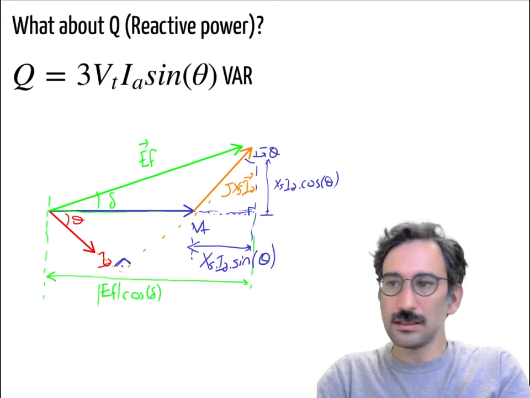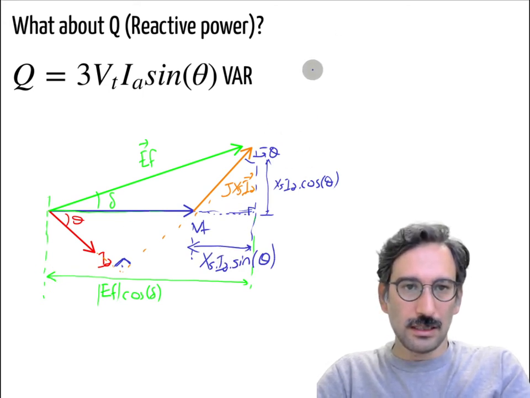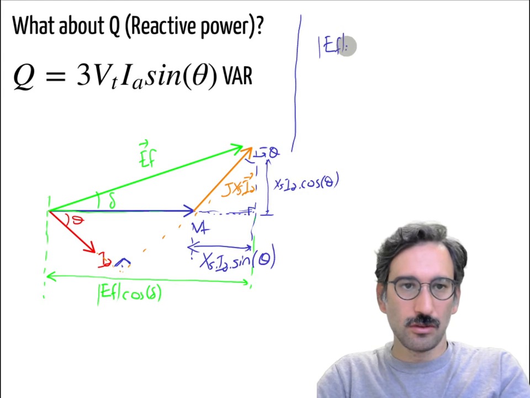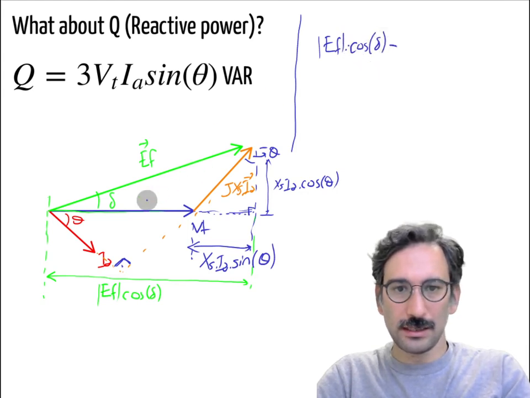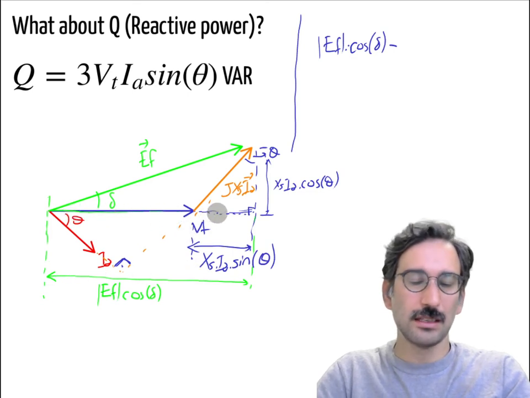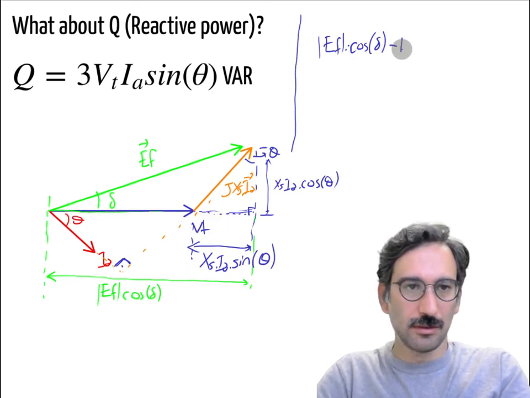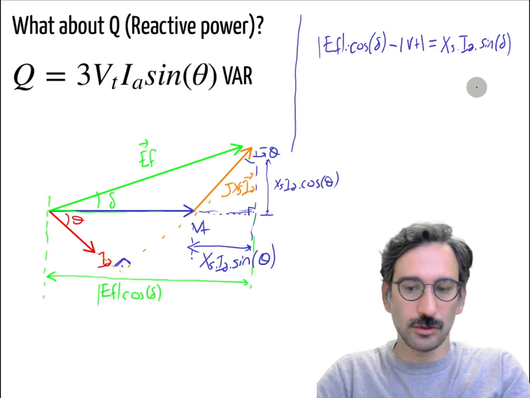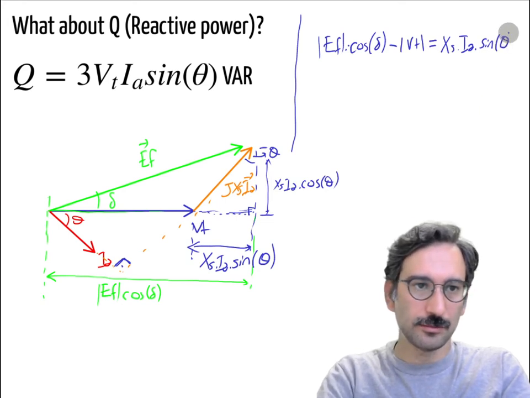So I can write Ef, again magnitude-wise, times cos delta minus Vt is equal to that distance, Xs times Ia times sine theta.